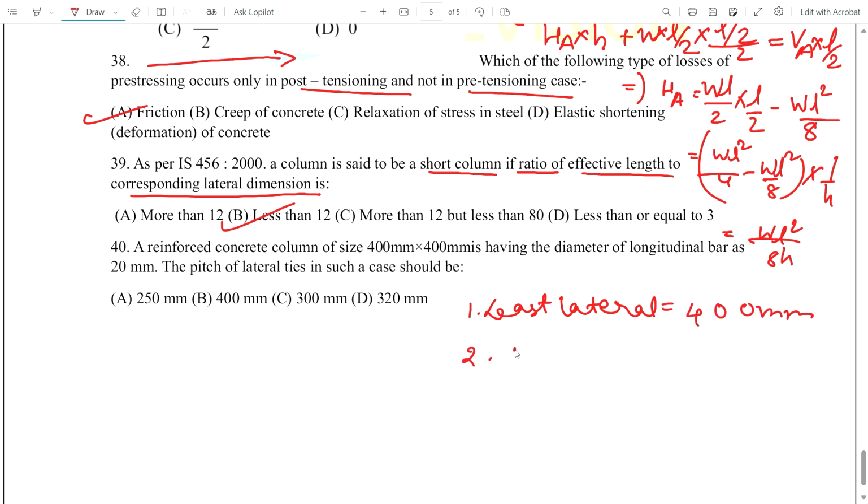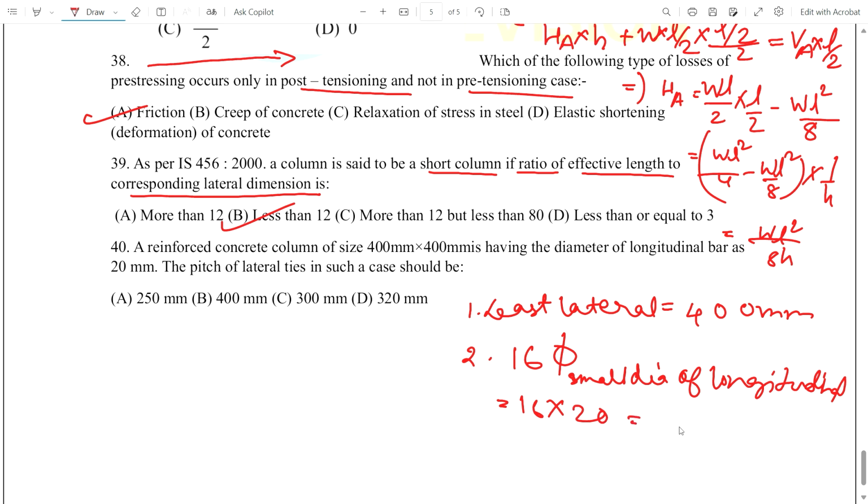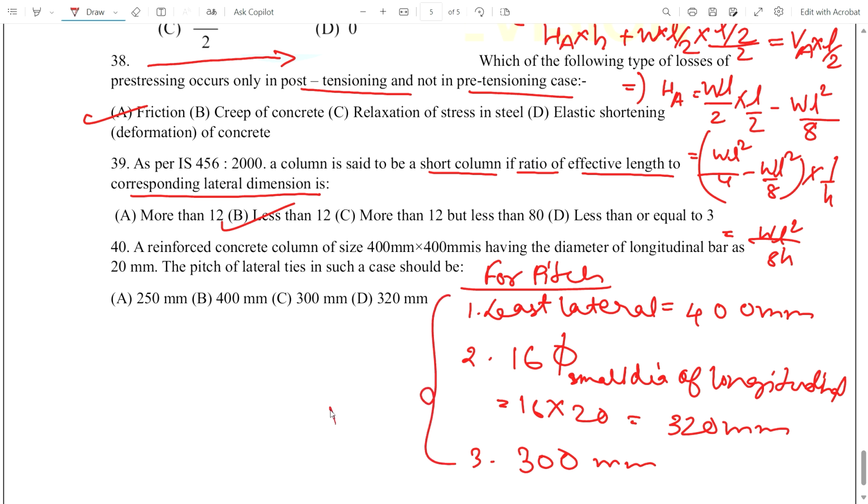Second, 16 times the smallest diameter of the longitudinal bar, 16 into 20, which is 320 mm. And for pitch design the third limit is 300 mm.